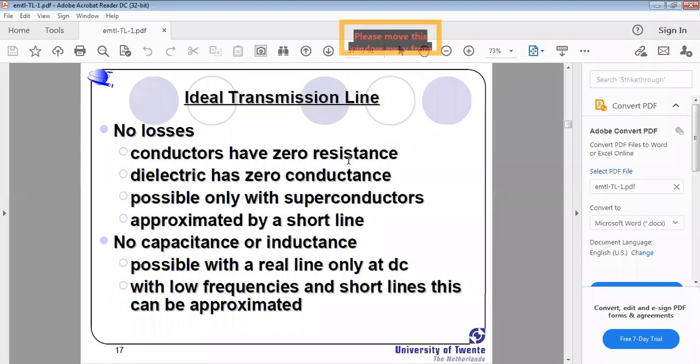No capacitance or inductance. Actually, consider a transmission line of length 1 kilometer. When I switch on the light at one end, does the light glow immediately at the other end? No, definitely it takes some time. Why?